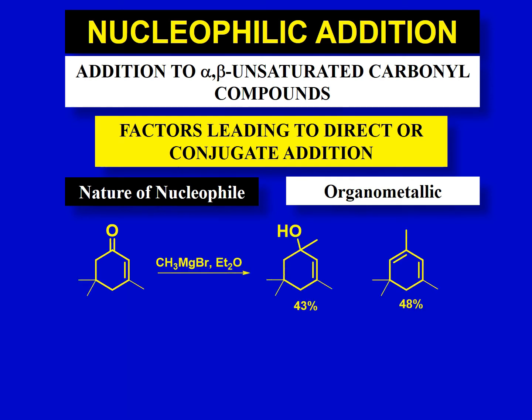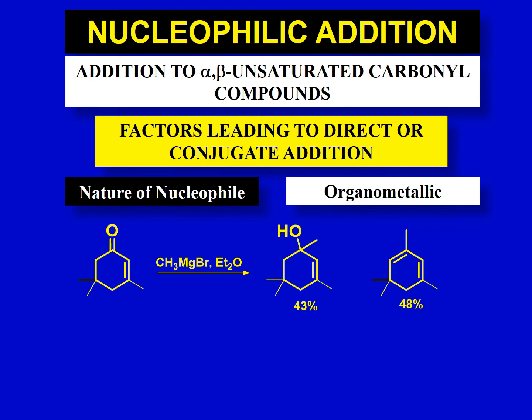Here we have another example, and you see now that the beta carbon is substituted. If you react it with an alkyl magnesium bromide, as you saw in the previous example, this alkyl group will preferably attack the carbonyl carbon, leading to the formation of this tertiary alcohol.